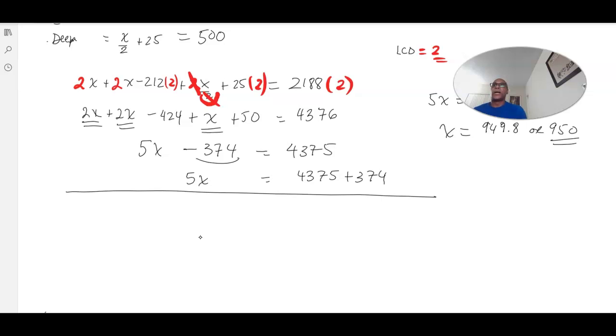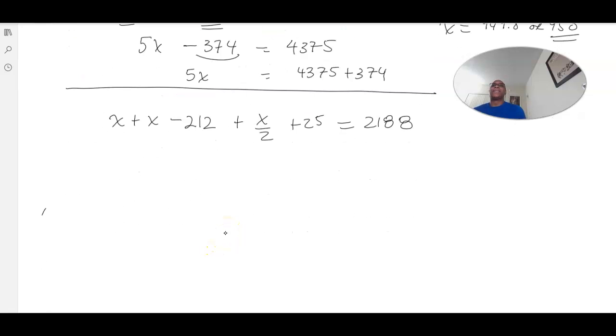But now, let's say you have x plus x minus 212 plus x over 2 plus 25 equal to 2188. Okay? All right, so now I want to combine the like terms. I get x plus x over 2, moving the negative 212 and the 25 to the other side.